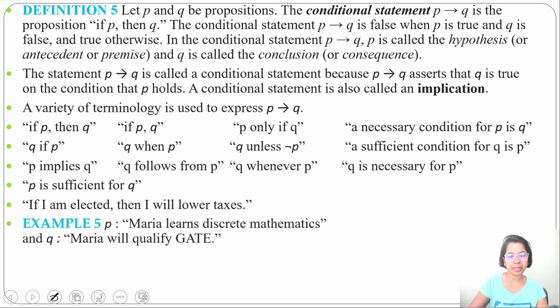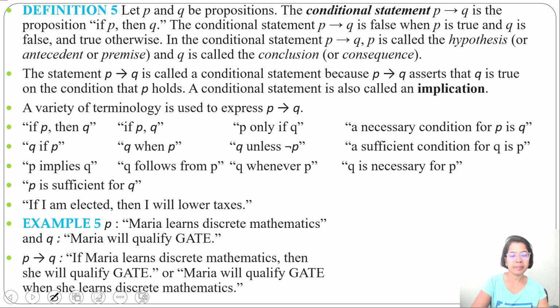Let's see one example. Maria learned discrete mathematics, that's our P, and Q is Maria will qualify GATE. So P implies Q will be if Maria learned discrete mathematics, then she will qualify GATE. This is P, Q. If P, then Q. This is one format. Another way is Maria will qualify GATE when she learned discrete mathematics.